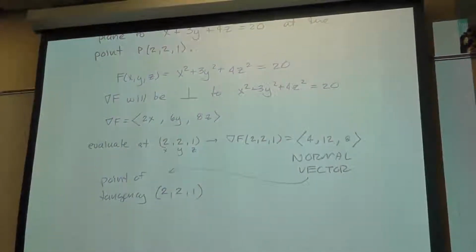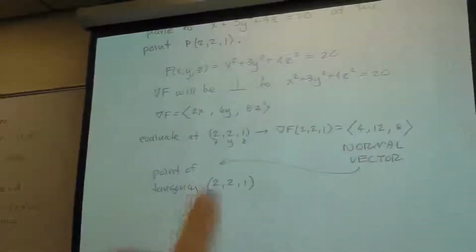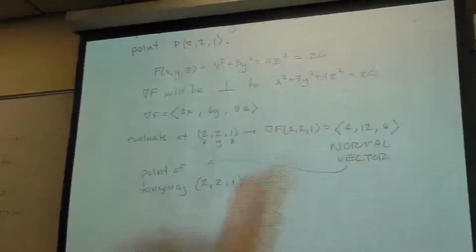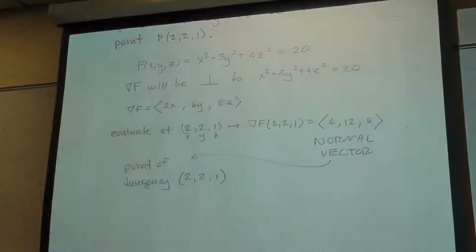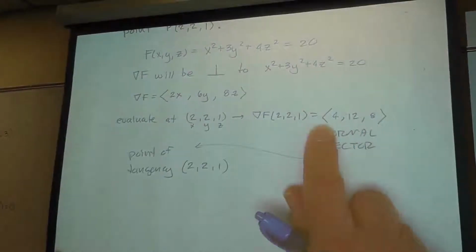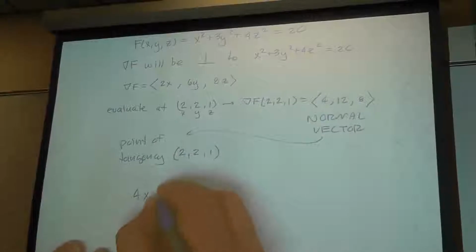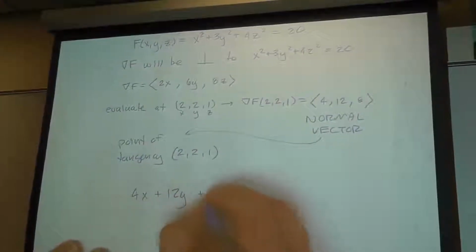What I usually do is, once we do a few examples with 4 times (x minus 2) plus 12 times y like that, go in and take for granted these are your x, y, z coefficients in order. The tangent plane is going to be 4x plus 12y plus 8z.